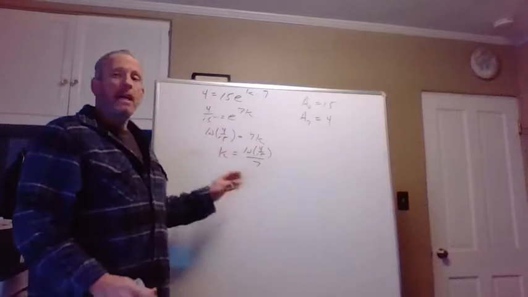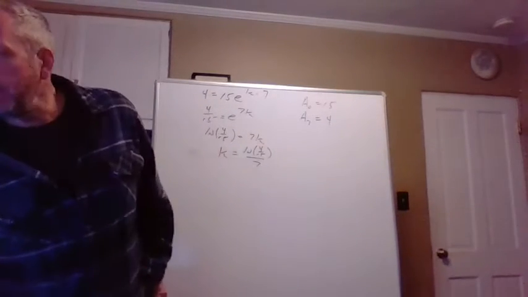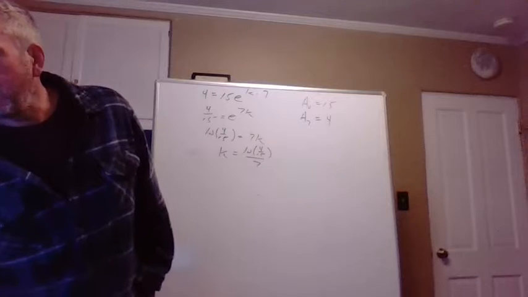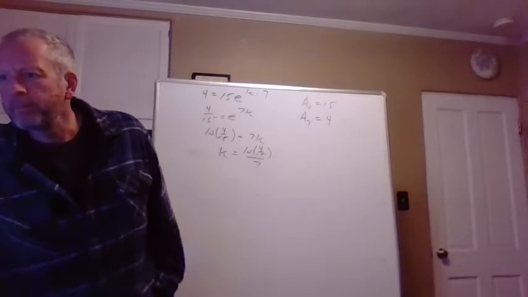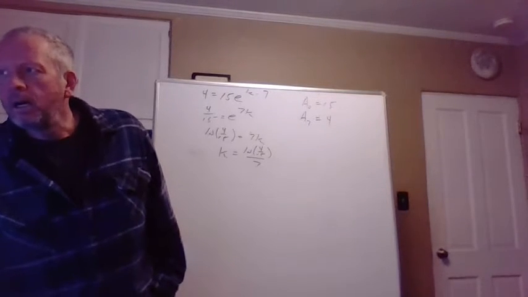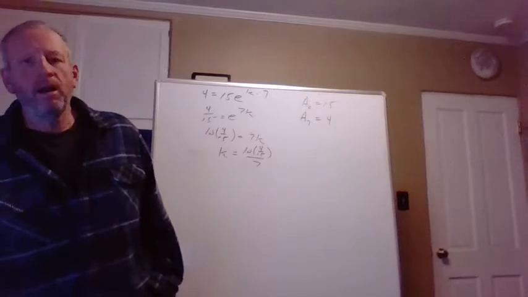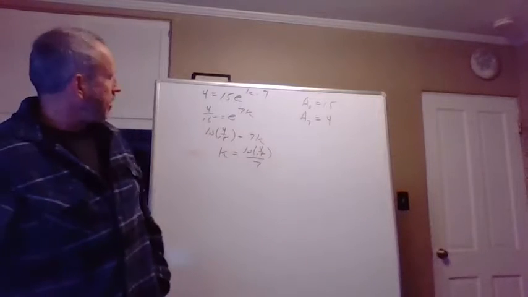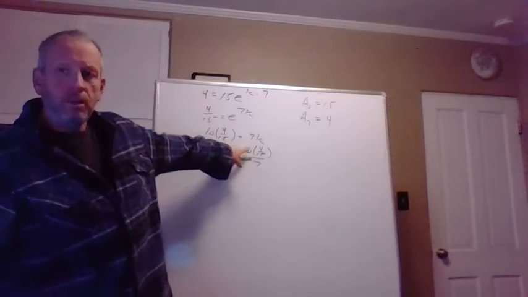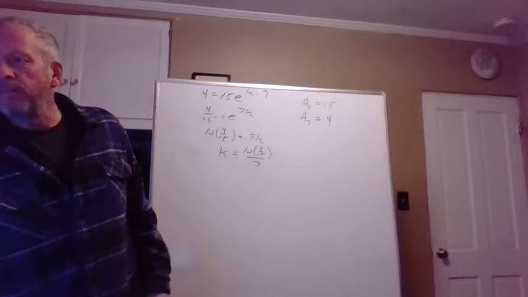Now, of course, that's the exact amount, but let me go ahead and do the calculation. I cannot find my regular scientific calculator, so I'm using an online one. These tend to be fairly awkward, but I just need to calculate the natural logarithm of 4/15 divided by 7.